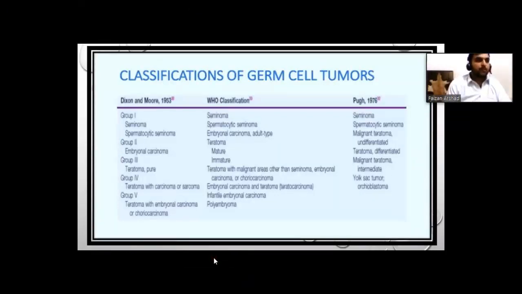Dixon and Moore have group 1, the seminoma and the spermatocytic seminoma, and the WHO classification is in general: seminomas, spermatocytic seminoma, and all other germ cell tumors. And in the PUG classification, there are no groups for seminoma and spermatocytic seminoma as Dixon and Moore have shown in five groups. The other classifications mention the germ cell tumors in general.